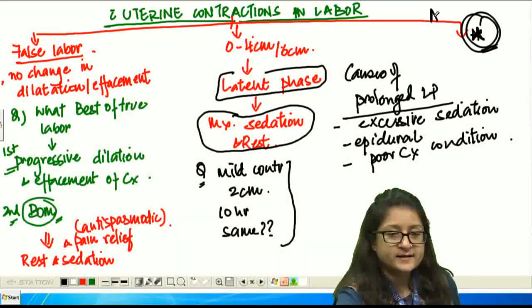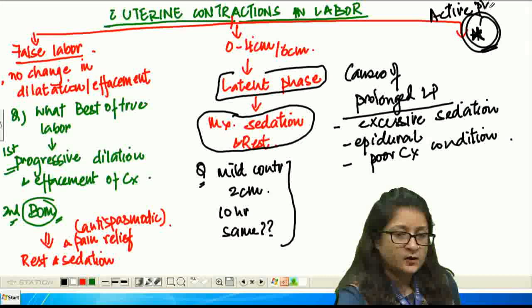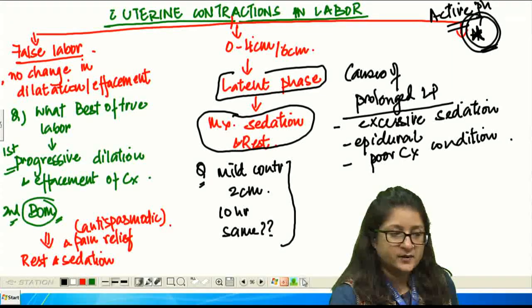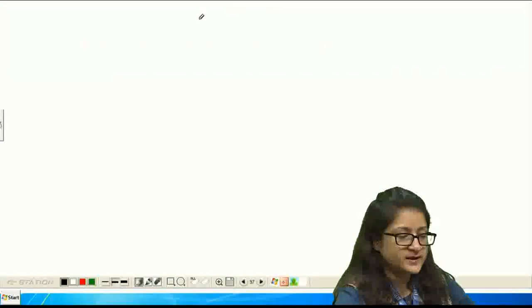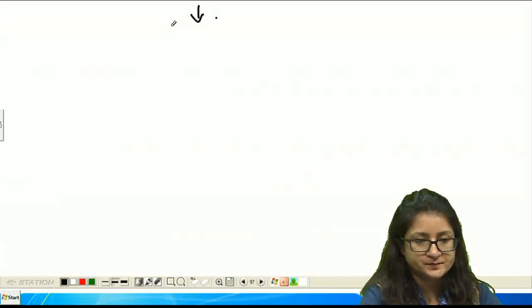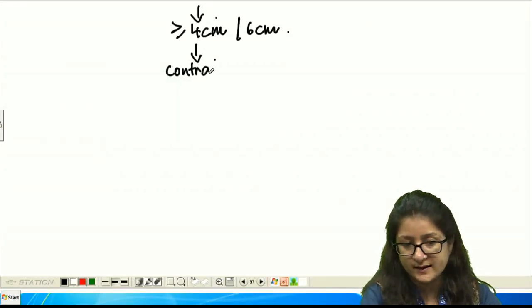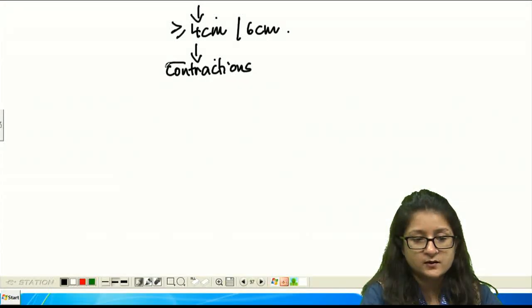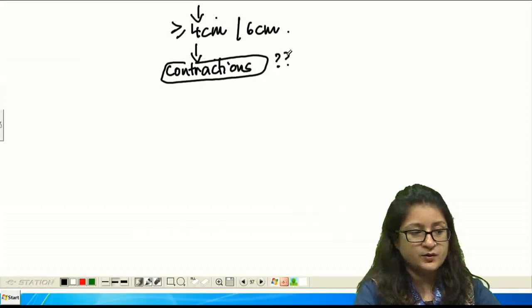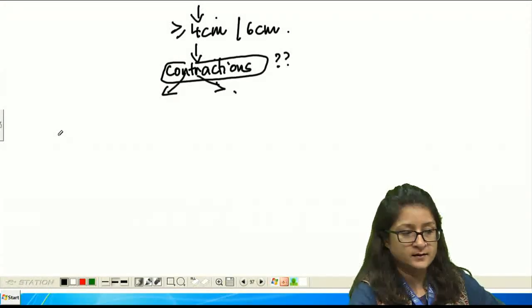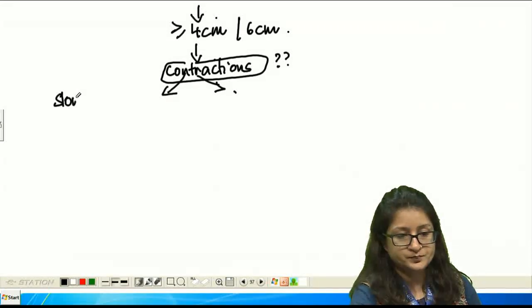What do we do when she is in the active phase? Okay, so let me give you a flow chart here. Whenever she is in the active phase, she is more than or equal to 4 centimeters or 6 centimeters according to the new WHO guidelines, we will see what the contractions are like. In the question, see what the contractions are like.